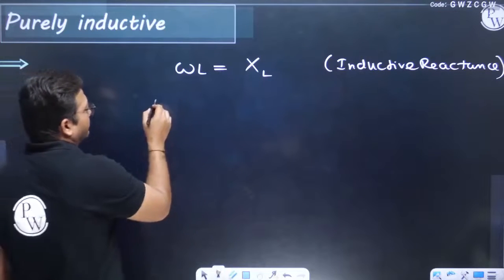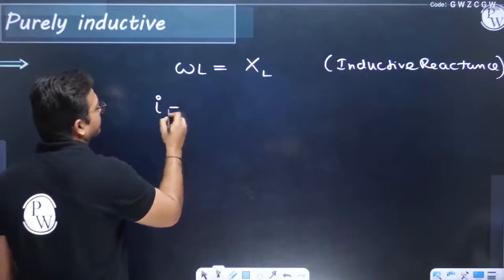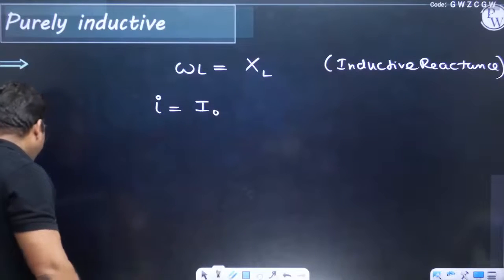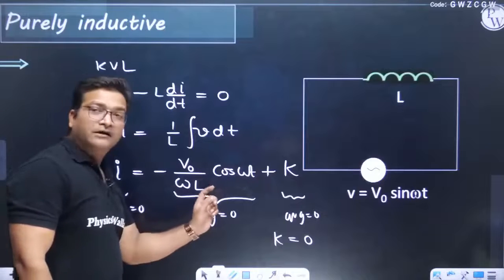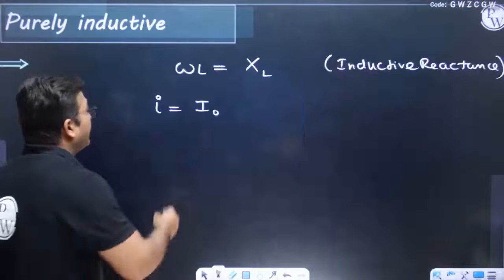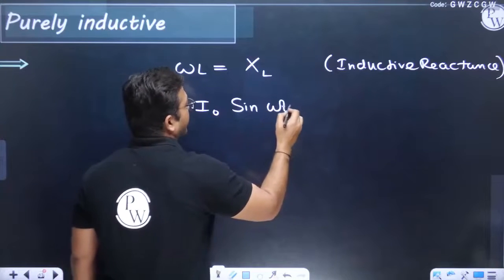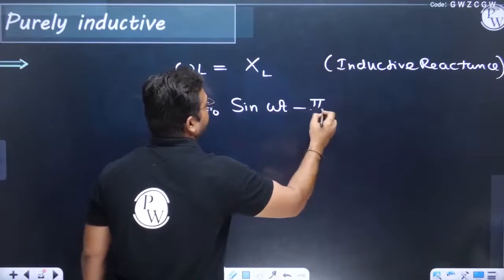So we can write our current as I naught, and we have minus cos omega t. So minus cos omega t can be written as sine of omega t minus pi by 2.